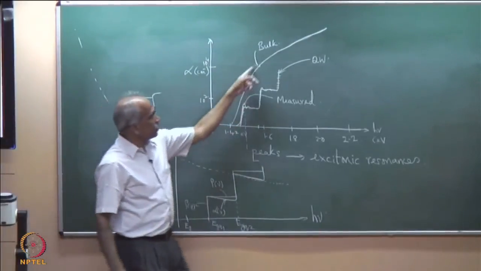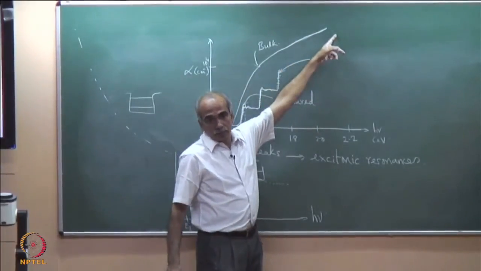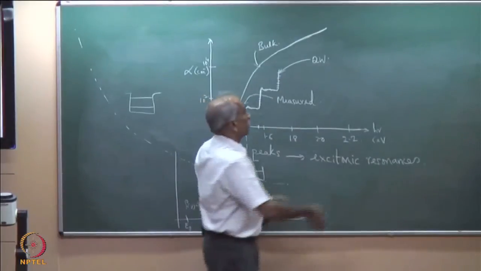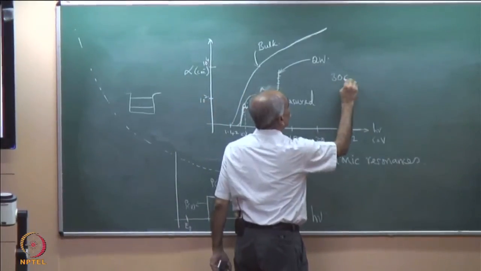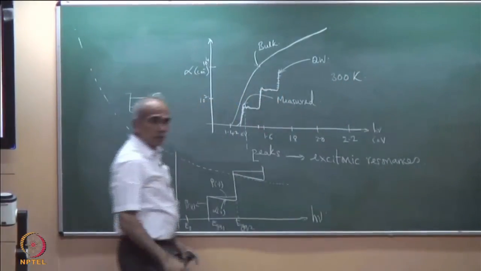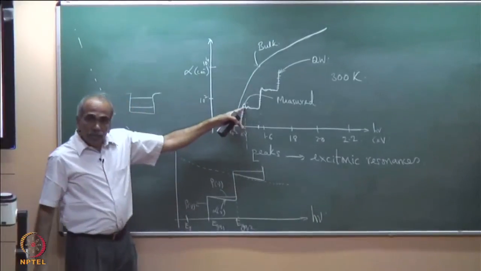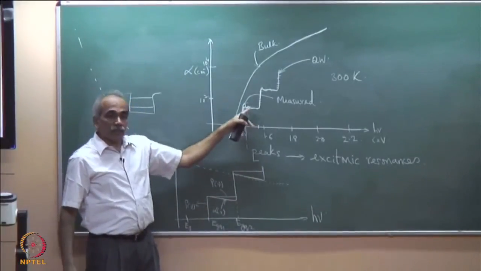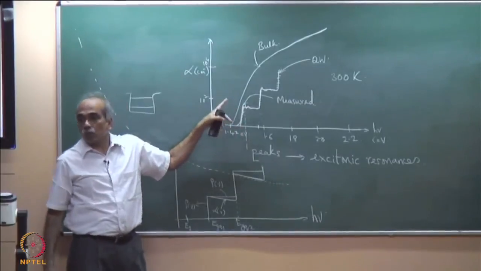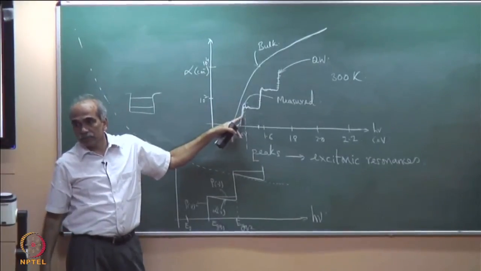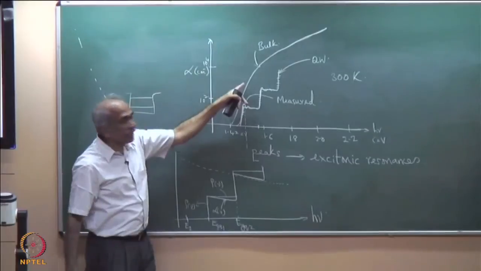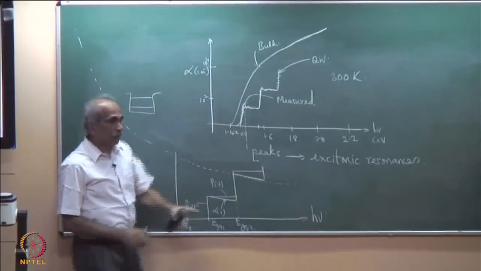In the bulk case, we do not see anything. All these measurements are at room temperature, so this is at 300 K. We are able to see excitonic resonances in the case of quantum well structures. Why do we not see that in the case of bulk?